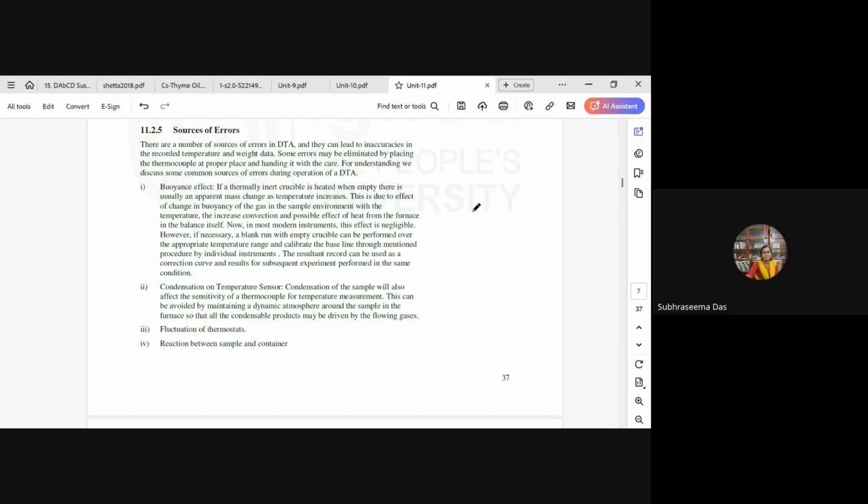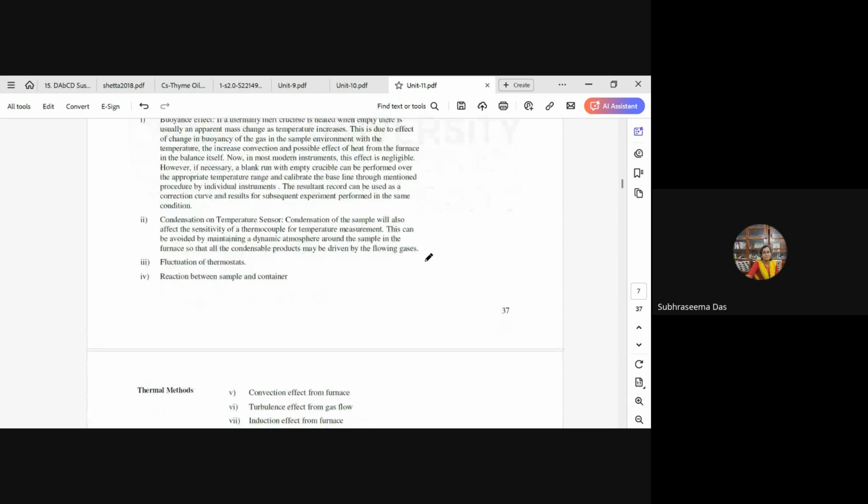But the instruments that we are dealing with now have a negligible buoyancy effect. However, to eliminate any source of error, we run a blank first, and then we go for our actual measurement of the sample. Then condensation on the temperature sensor. The condensation of the sample around the thermocouple will also influence the DTA.